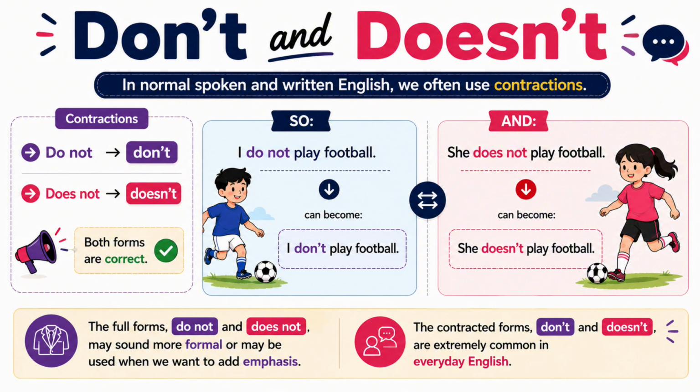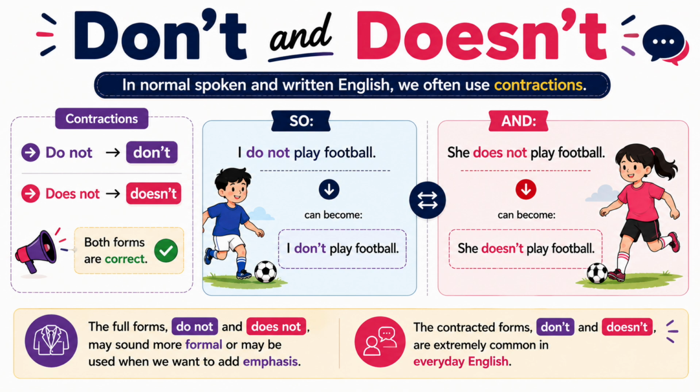And she does not play football can become she doesn't play football. Both forms are correct. The full forms do not and does not may sound more formal or may be used when we want to add emphasis. The contracted forms don't and doesn't are extremely common in everyday English.